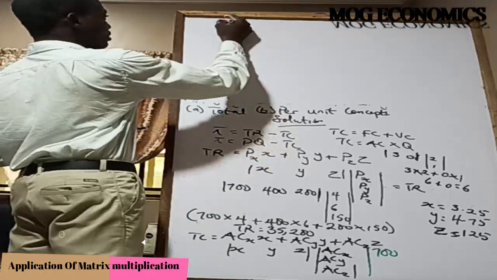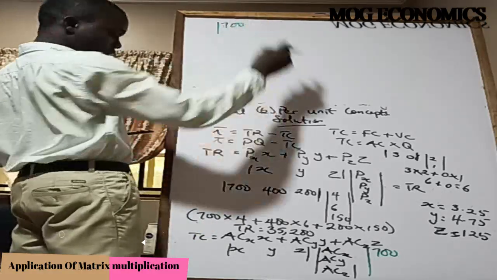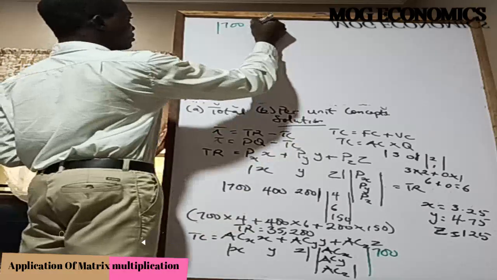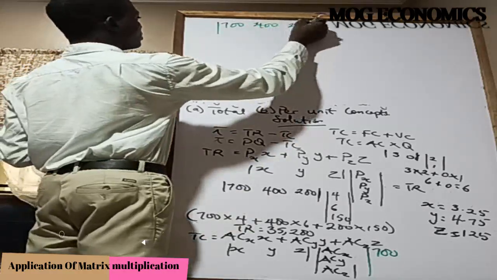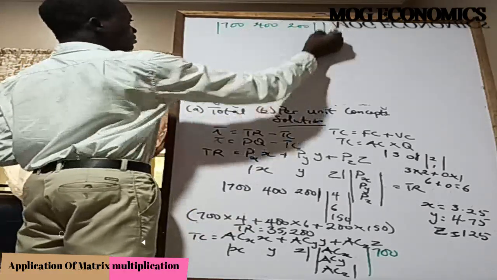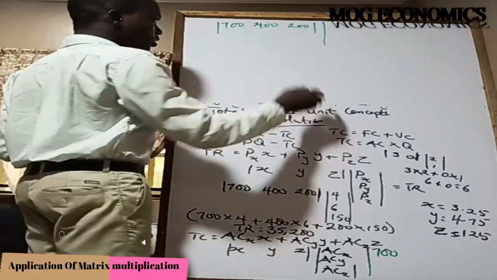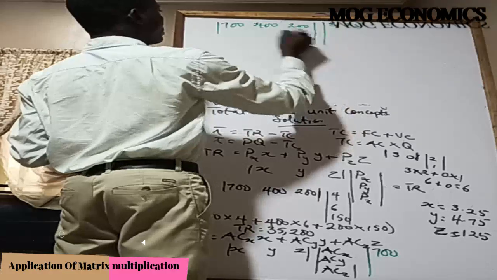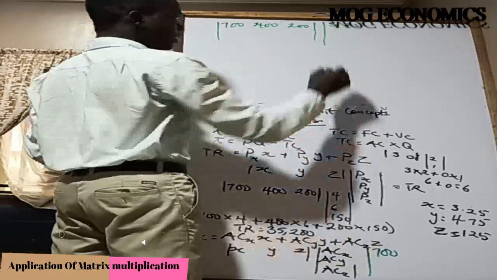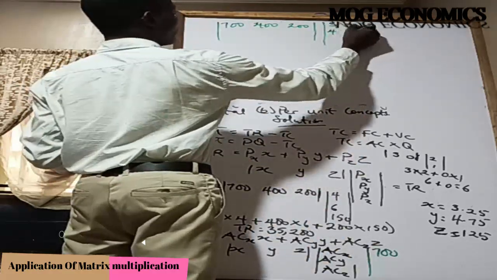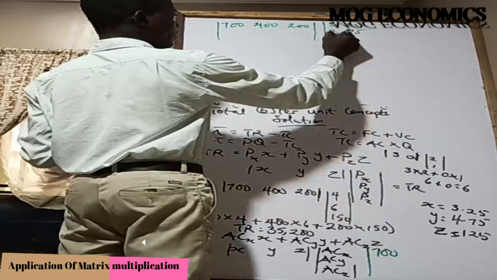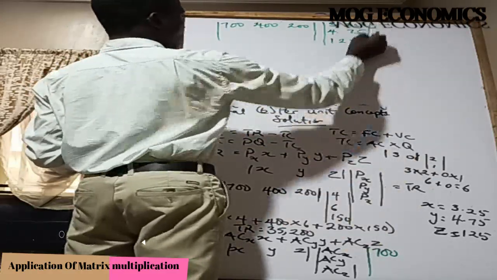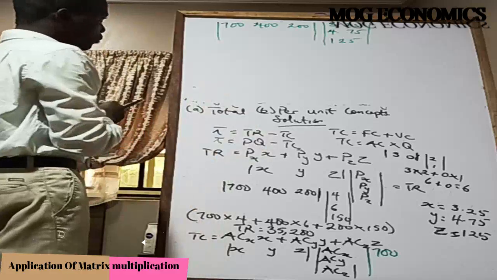I'm going to write 700, followed by 400, 200. Then the respective average costs: 3.25, 4.75, and 125.